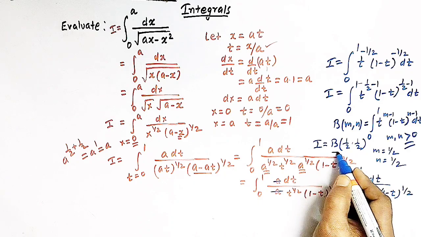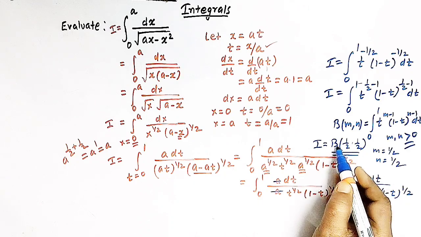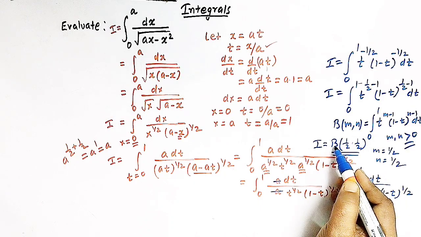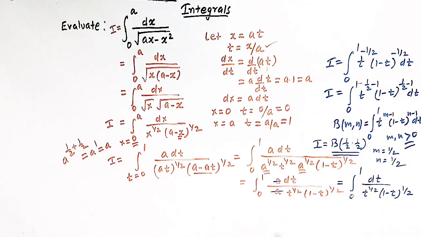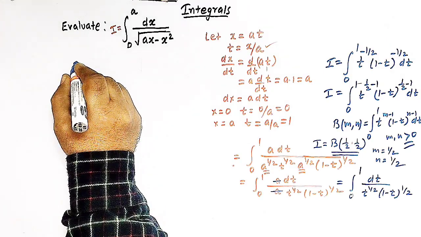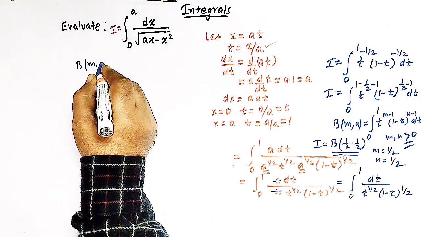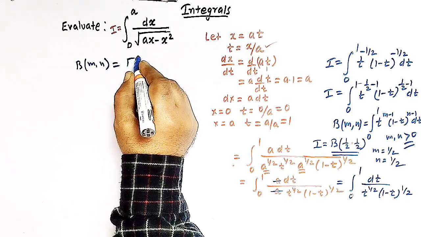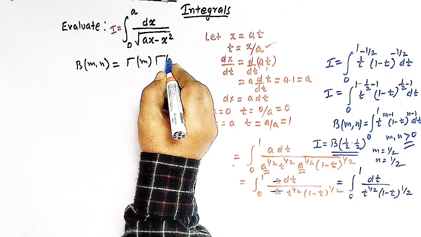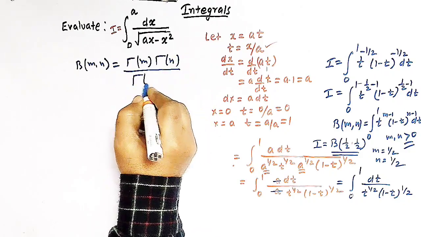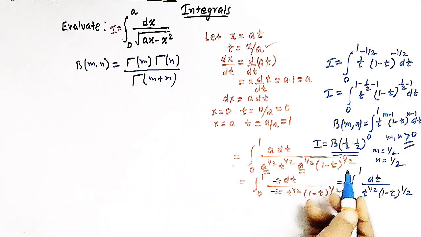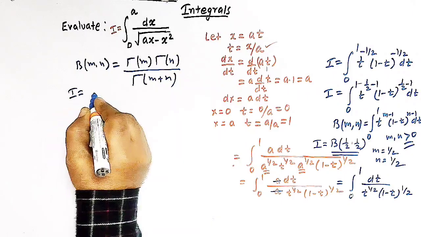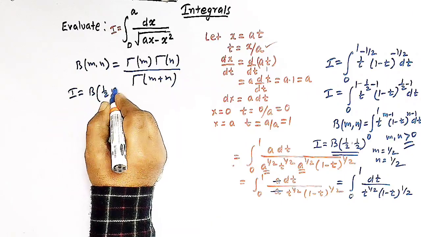So now we have to find out the value of this expression, that is the beta function, using the relation between beta function and gamma function. So now the beta function and gamma function are related by this expression, that is gamma m, then we have gamma n divided by gamma (m plus n). So here I is equal to beta(half, half).